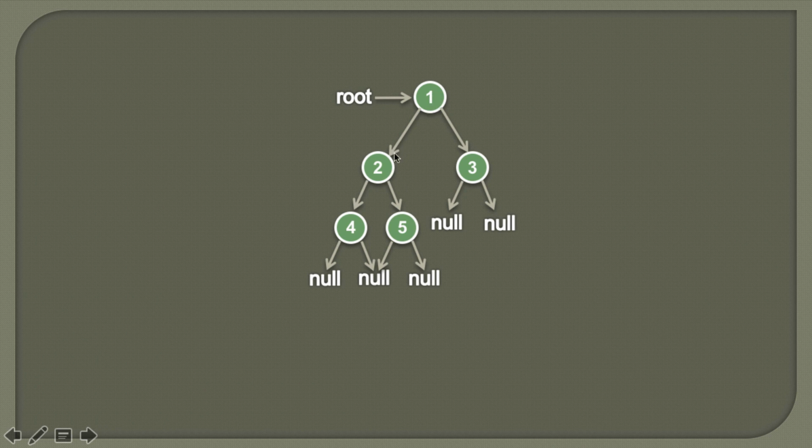So now first.left is pointing to the node having data as 2, and we assigned the third node to first.right. Therefore first.right is pointing to the node having data as 3. We also assigned the fourth and fifth nodes to 2's left and 2's right. So therefore it looks something like this. So this is how we actually implement a binary tree, where we insert the nodes using the left and the right pointers of a tree node.